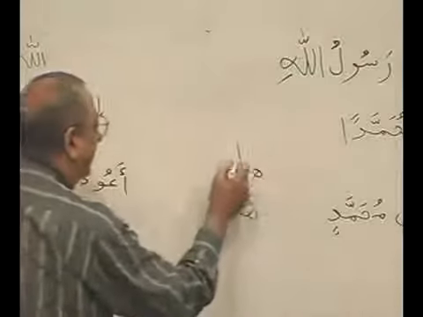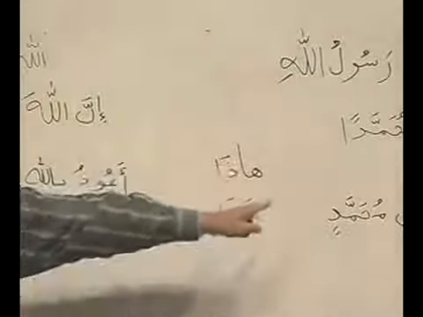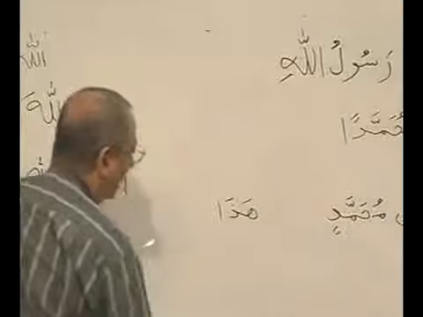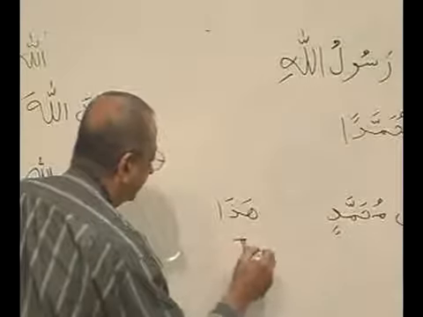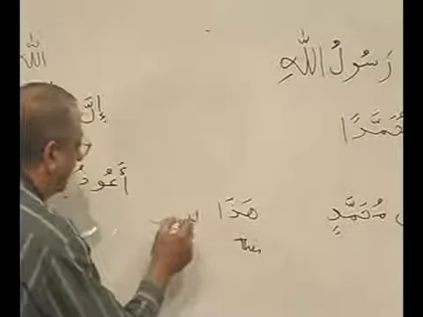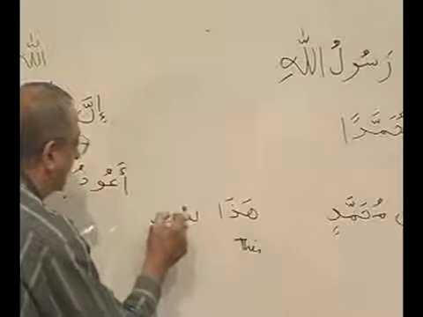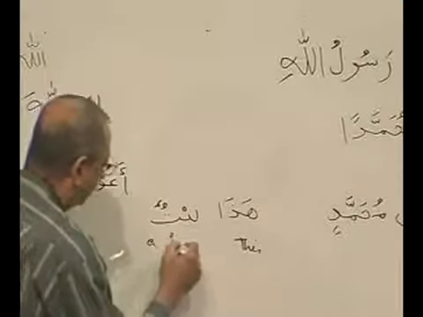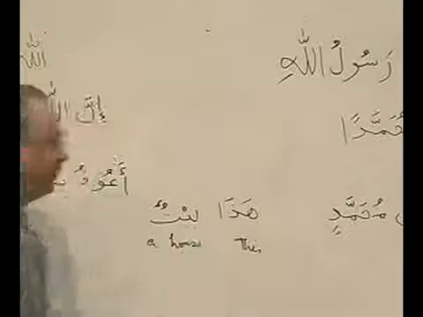It is pronounced like Haza, but this alif is not written. It is explained in the key also. Haza means this, and Baytun means a house.